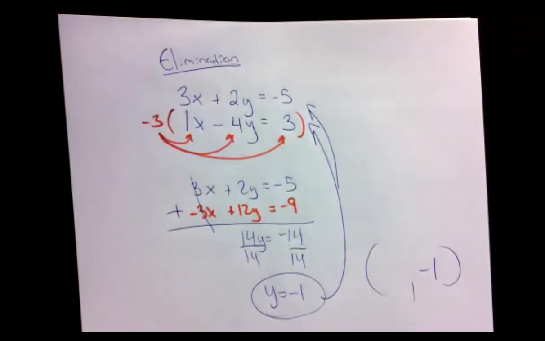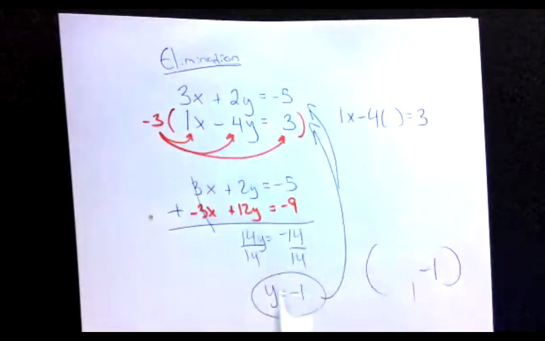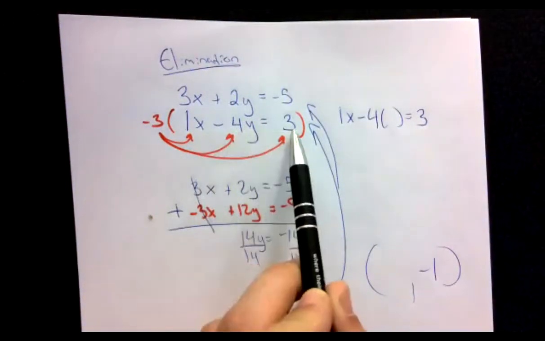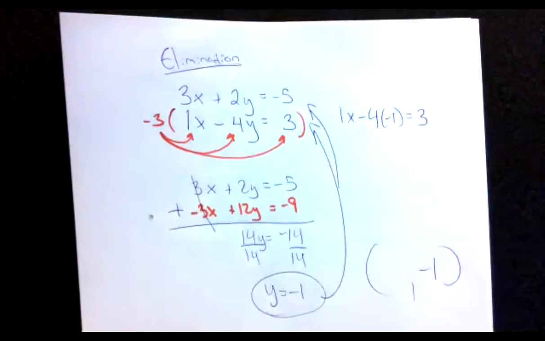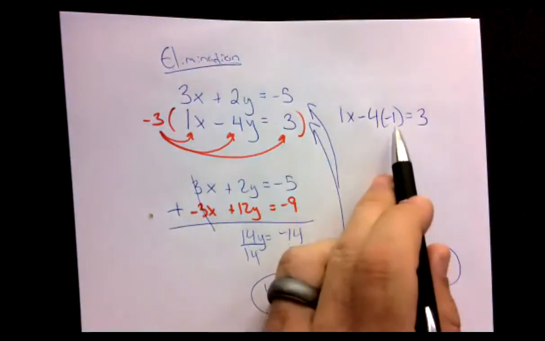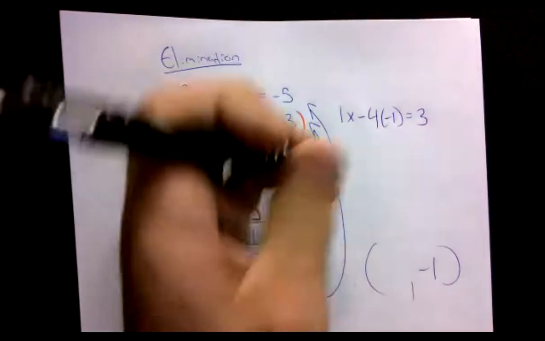So I'm going to plug it into one of those. And it doesn't matter which one. I'm going to plug it into the bottom one because I can. So 1x minus 4y equals 3. And I'm just going to plug that y value in. So my y value is -1. So I'm going to put it in for the y.